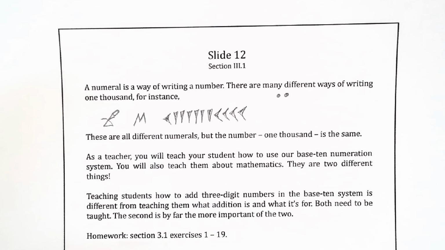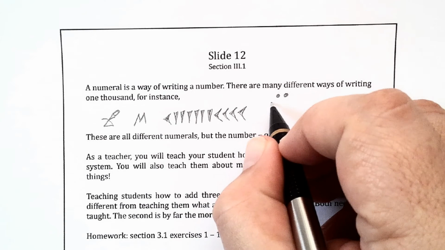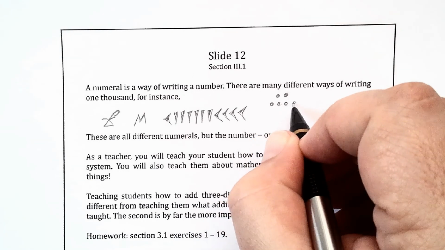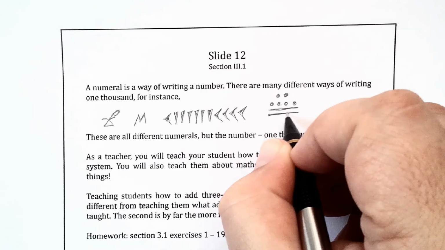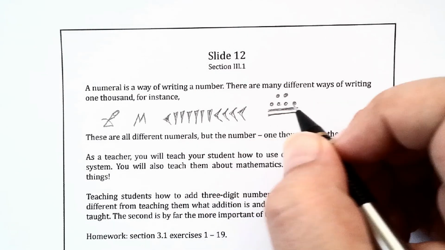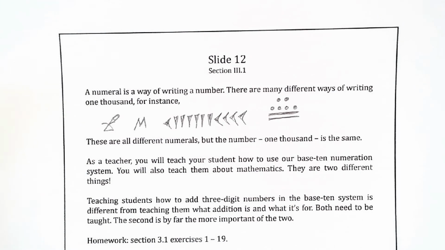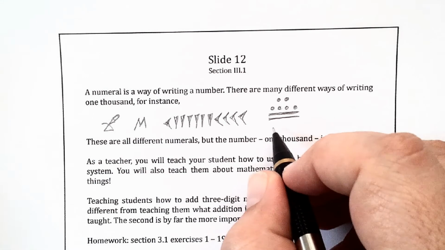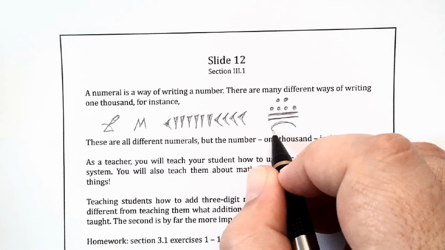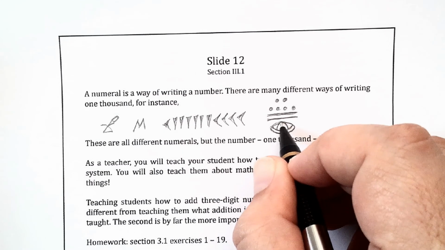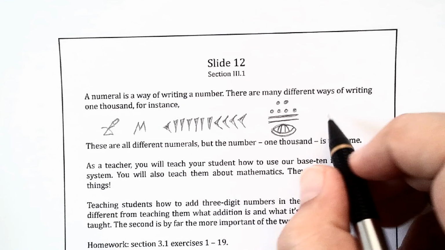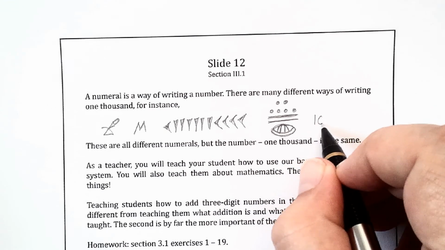And then there's 14 20s. Then there's 0 ones once we do that. And of course, in the base 10 system, or the decimal system, we have 1, 0, 0, 0.